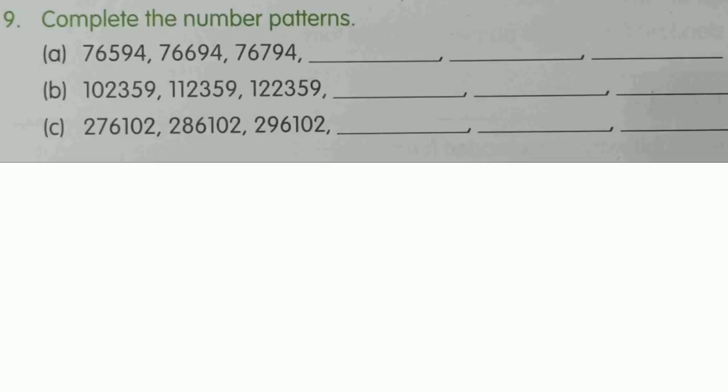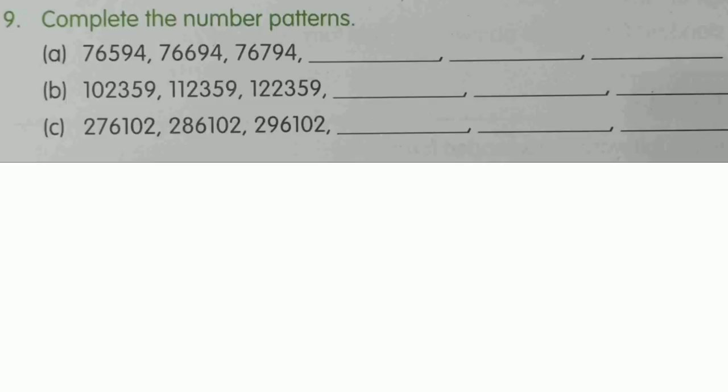Here you have been provided with a pattern and you have to complete it by identifying the next number. The A part is 76594, 76694, 76794. If you look carefully at this pattern, you will find that there is a difference of 100.